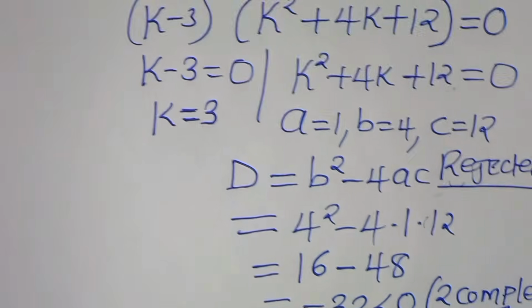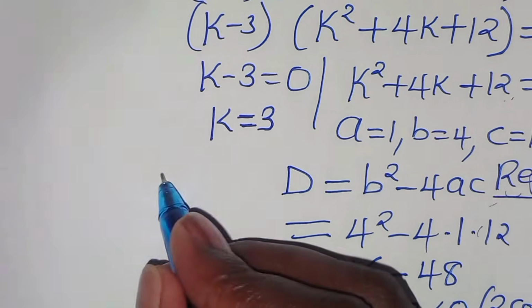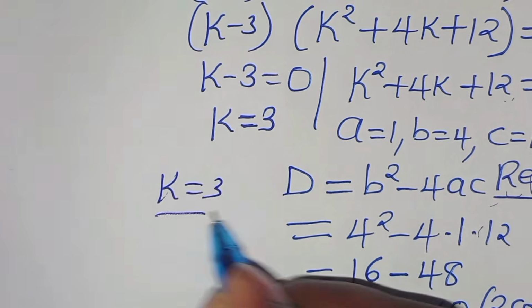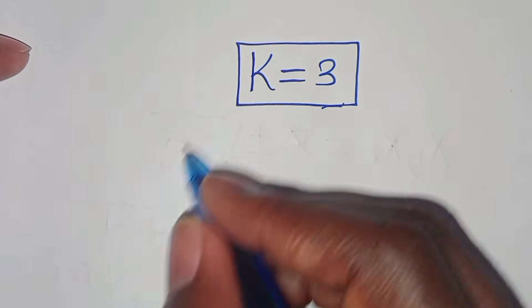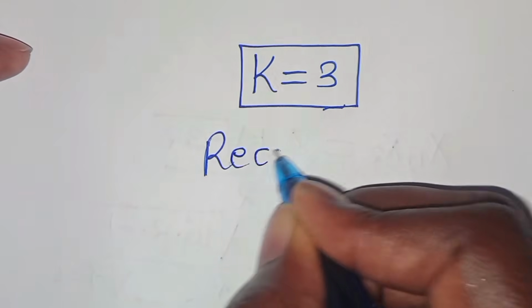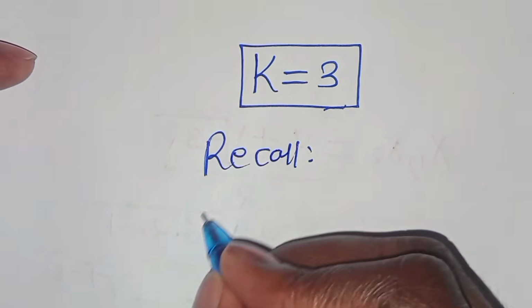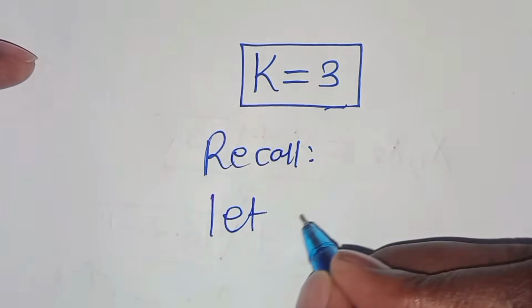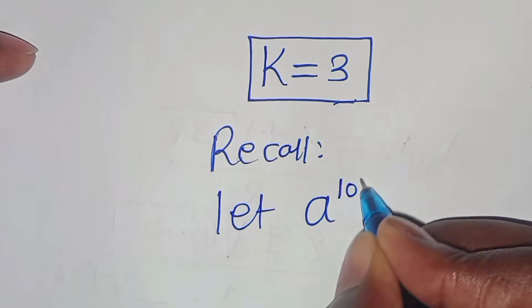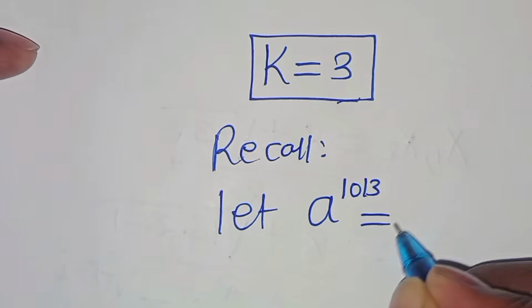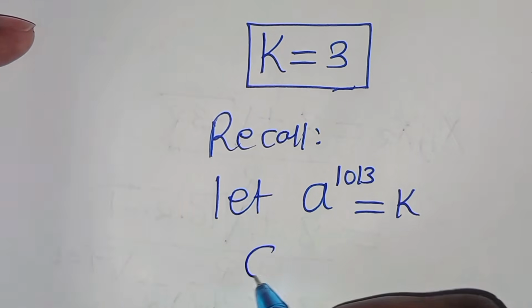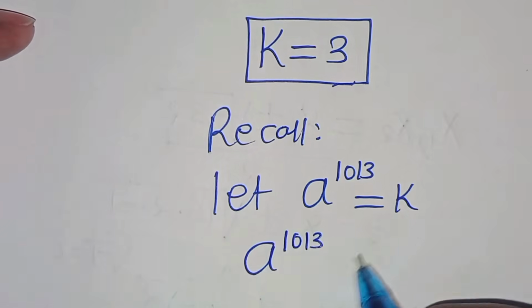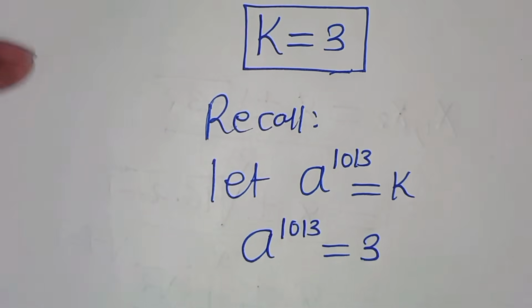Now let's proceed with K. K is equal to 3 from here. Now since K is equal to 3, and if you recall, we said that we let a to the power of 10, 13 be equal to K. So let's substitute K with 3. So we have a to the power of 10, 13. This is equal to 3.